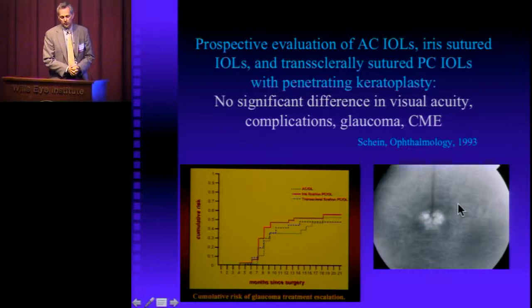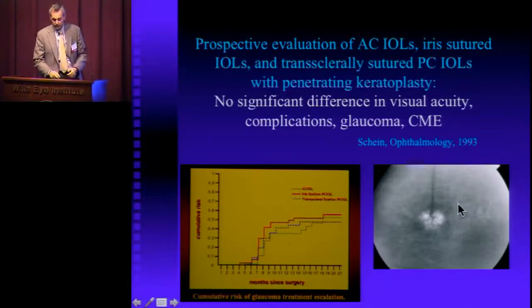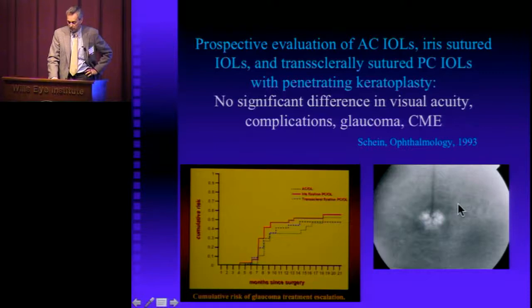There's only been one prospective randomized study looking at anterior chamber lenses and sutured posterior chamber lenses and iris sutured lenses, and that was 20 years ago by Shine, and he showed no difference in the three techniques in terms of visual acuity, complications, glaucoma, or CME.